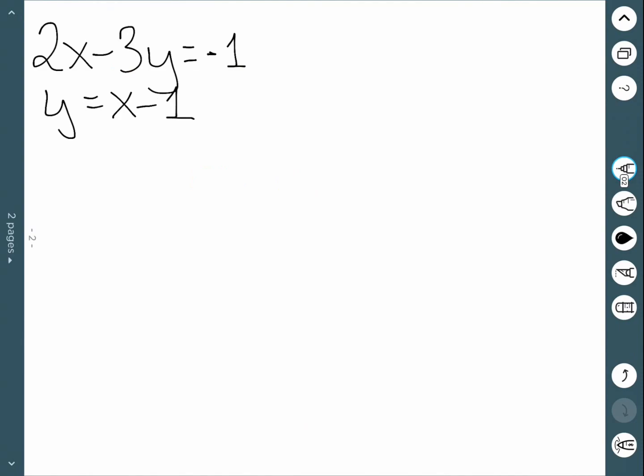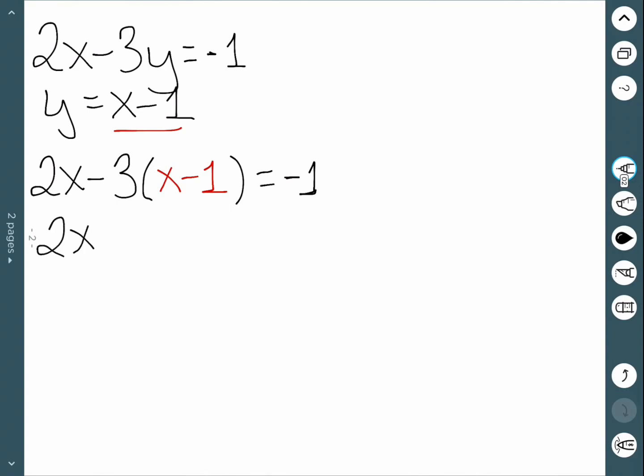Let's do another example. 2x minus 3y equal to negative 1 and y equal to x minus 1. This time I'm going to start with the first equation, 2x minus 3, and instead of y, I'm going to write what we already know y is equal to, x minus 1. And then that's equal to negative 1.